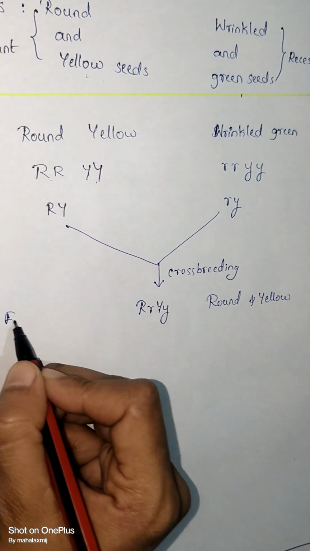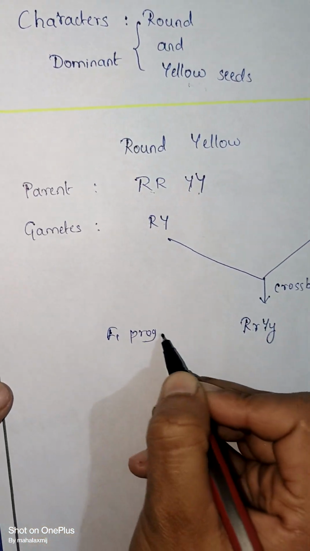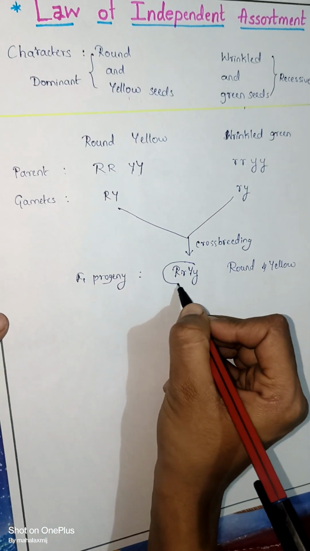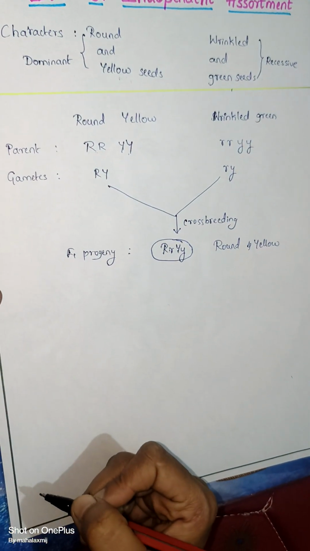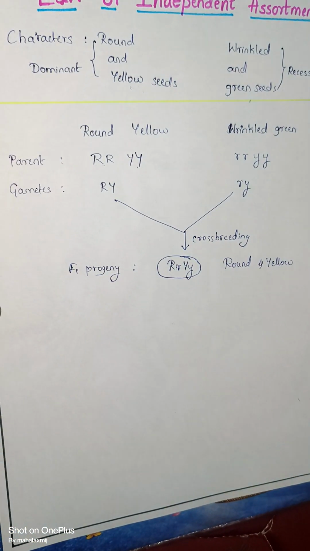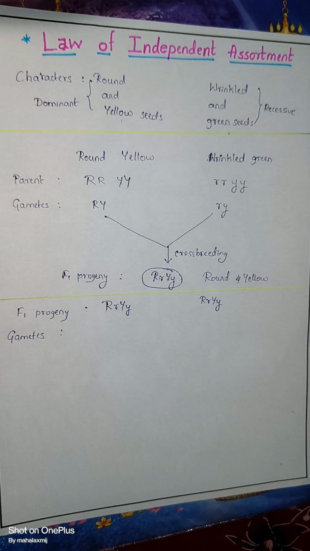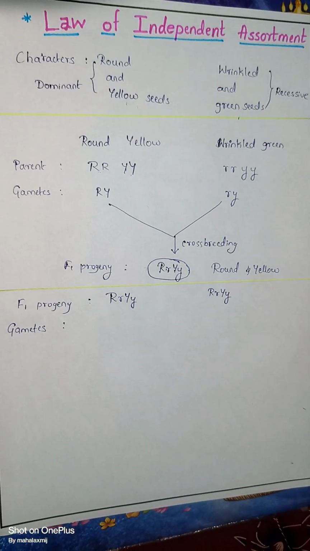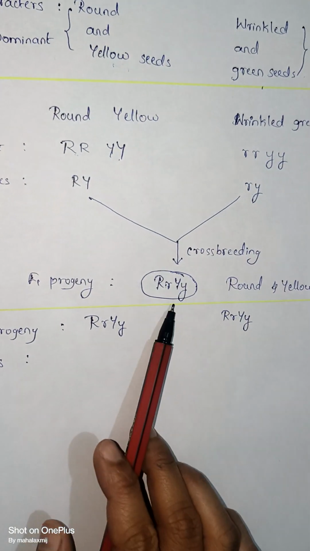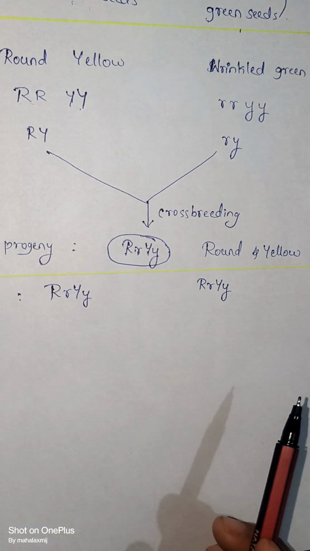So in the F1 progeny, we are getting the offspring as round and yellow. This is the same as what we did for the law of dominance. Now once we obtain the F1 progeny, we have to self-breed them to get the F2 progeny.